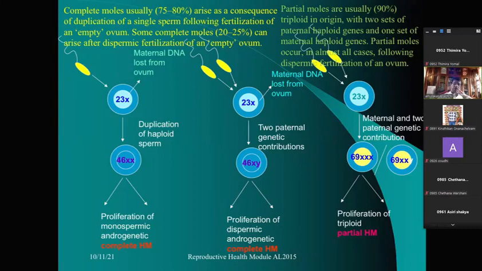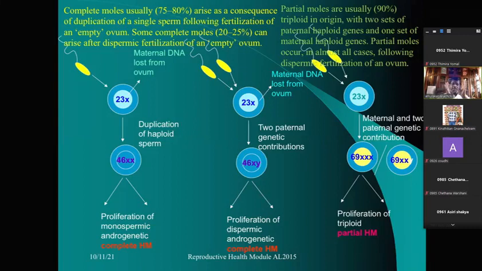Here also, this process of abnormal proliferation of the placenta does occur, but there is some fetal development. And we call these two conditions a complete mole and a partial mole.